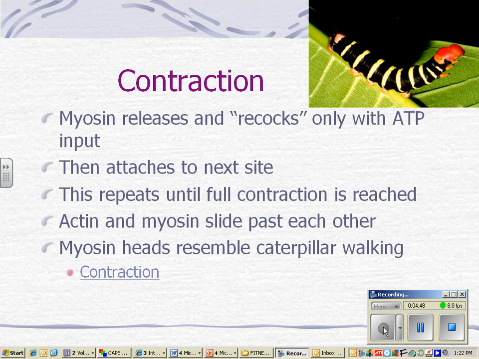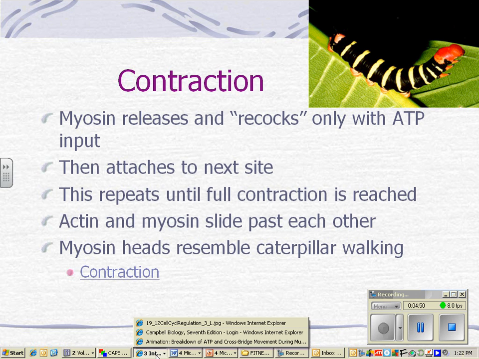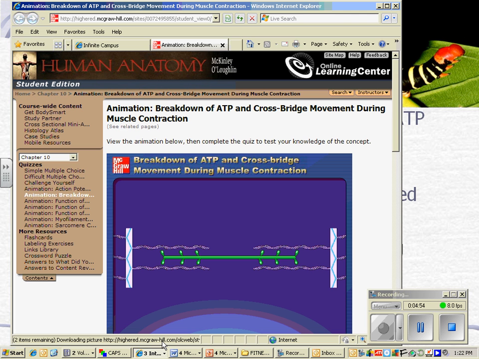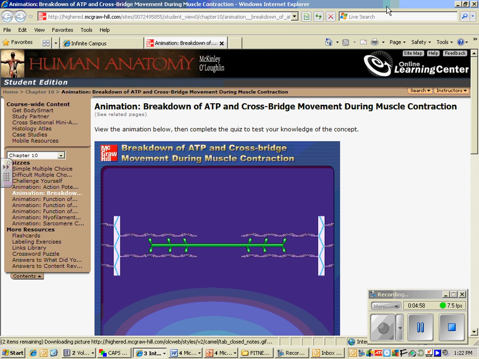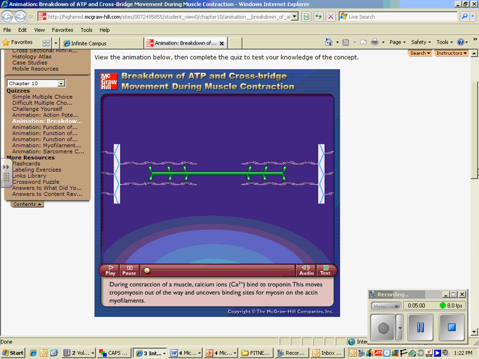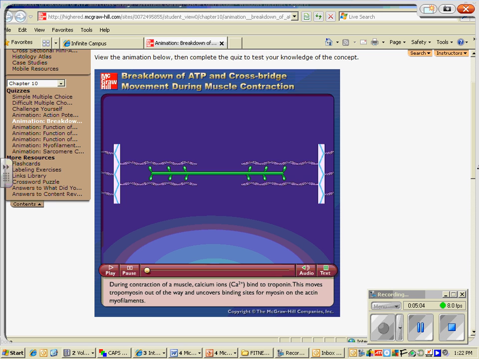So if we look at this website a second, okay, here's an animation of the same idea. All right, now let me take a second and label it so you know where we're at. Okay? This is myosin. This is actin.